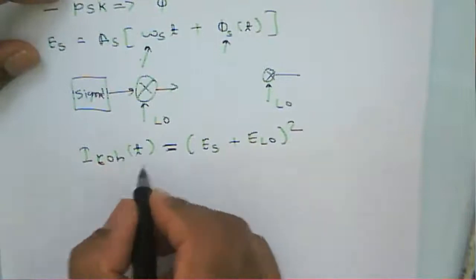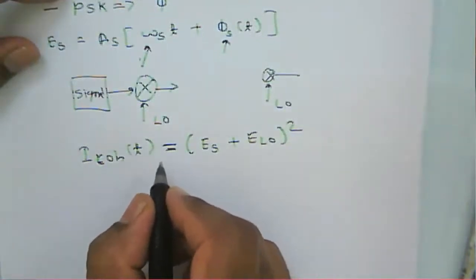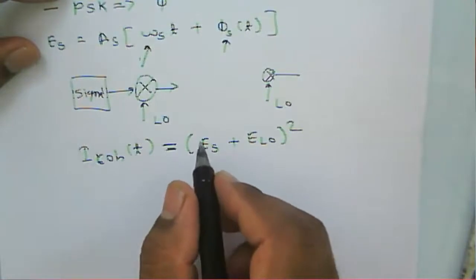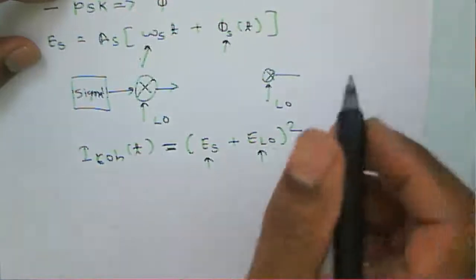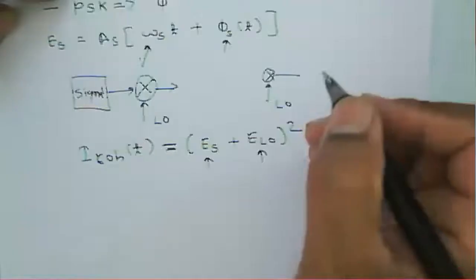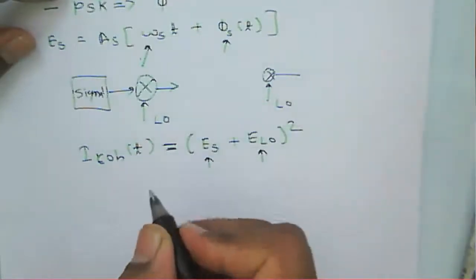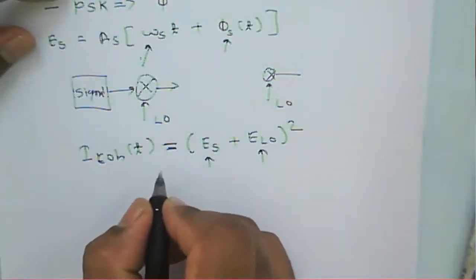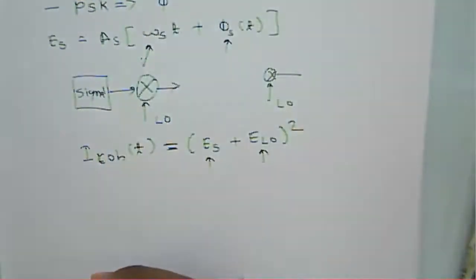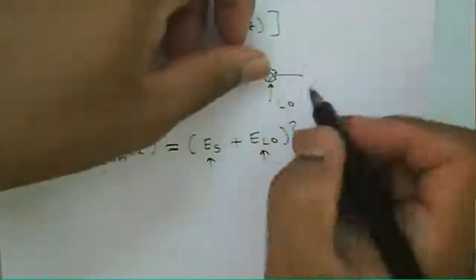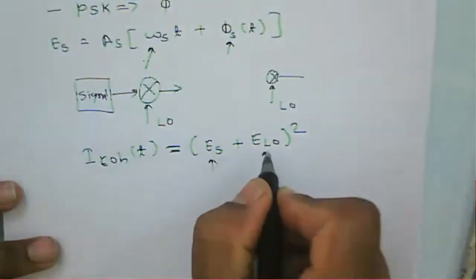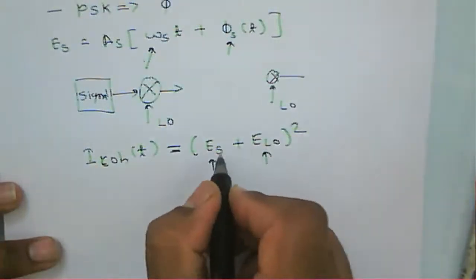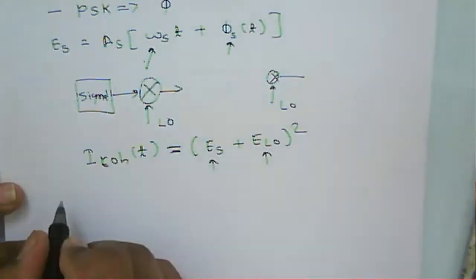So the intensity of the coherent signal that will be detected depends upon the signal frequency as well as the local oscillator signal here. Because we are expecting coherent detection, mixing takes place between the local oscillator and the signal frequency. That's why the coherent current is in the form of the signal frequency as well as the local oscillator.